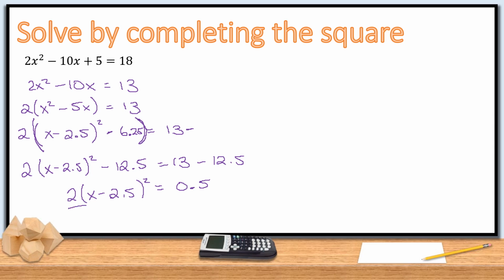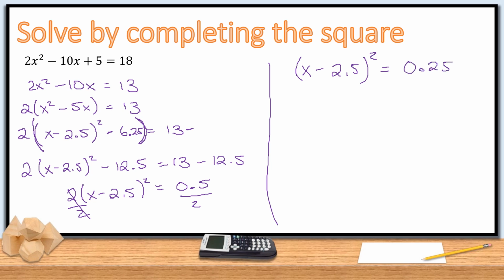Divide by 2 on both sides. So we're going to have x minus 2.5 squared is equal to 0.5 over 2, which is 0.25. Getting closer. Square root both sides. X minus 2.5 is equal to the square root of 0.25. So the square root of 0.25 is 0.5.